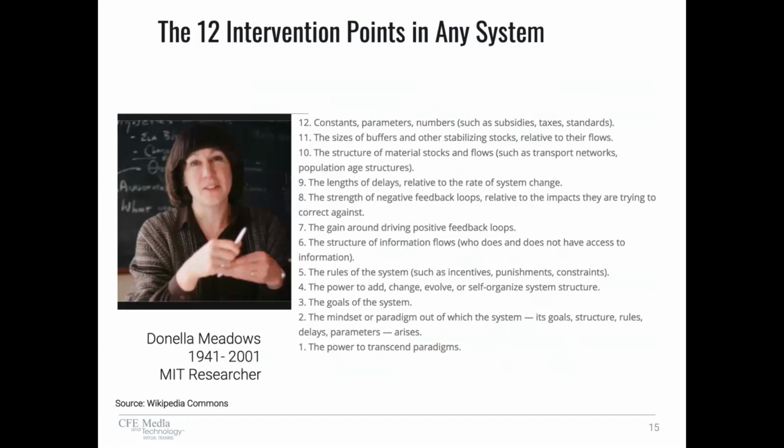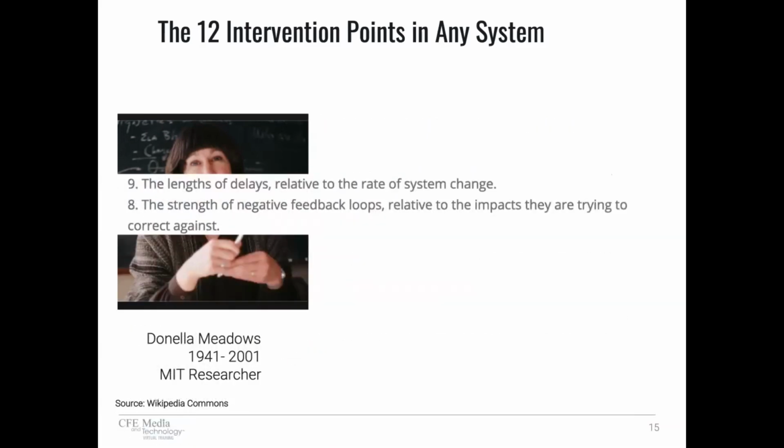And one of my colleagues in the System Dynamics group at MIT looked at these systems and came up with 12 intervention points where a small interaction can actually lead to large performance changes and lead to better system performance. And while I'm not going to go through all these 12 intervention points, I want to highlight a few because they strongly reflect feedback control system concepts.